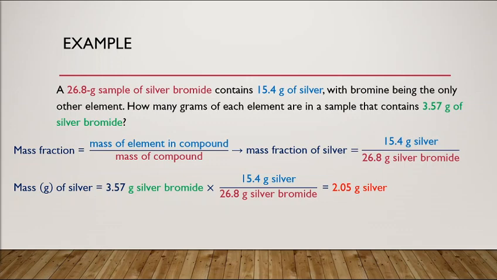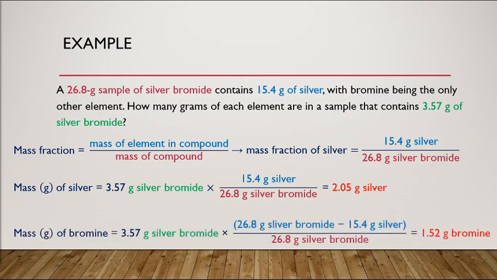The law of conservation of mass states that the mass of the reactants better equal the mass of your product, or the mass of the silver plus the mass of the bromine has to equal the mass of the silver bromide. If you subtract these two values, the mass of your silver bromide minus the mass of the silver, you get the mass of your bromine.